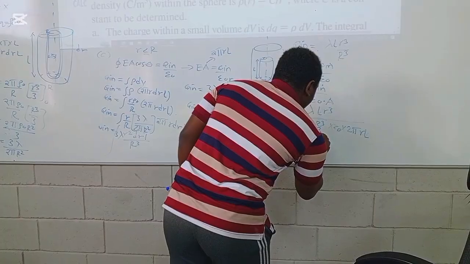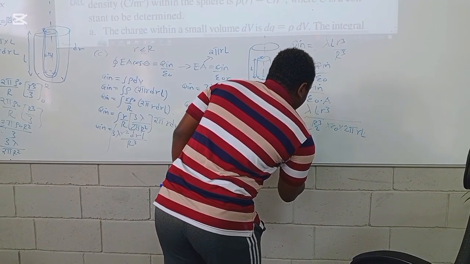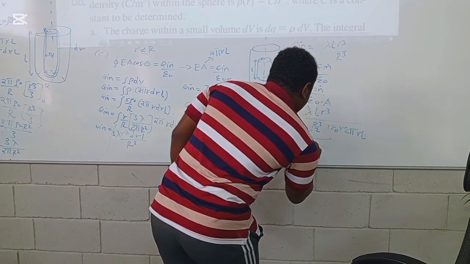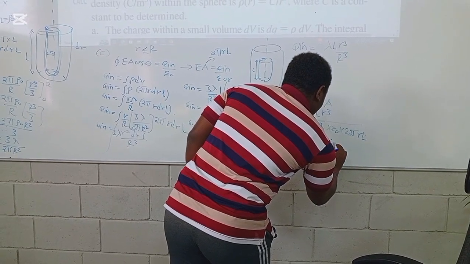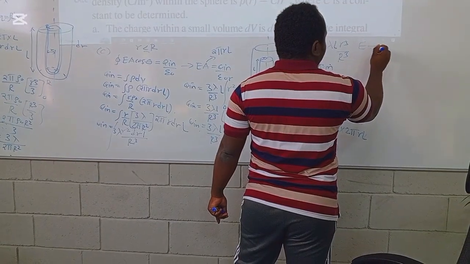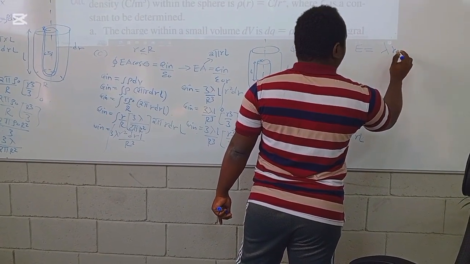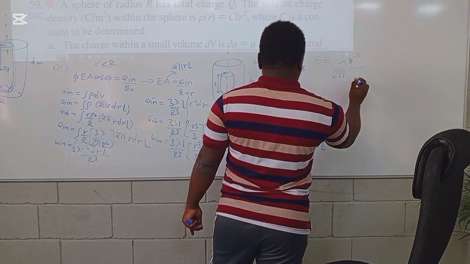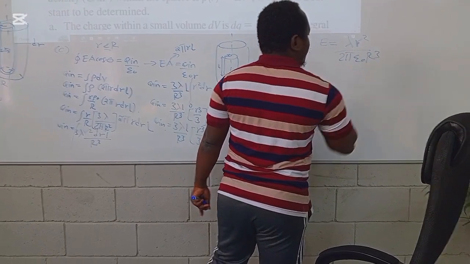This r cubed and this r will give r square, divided by R cube, epsilon naught times 2 pi. So the electric field is equal to lambda r square divided by 2 pi epsilon naught R cube.